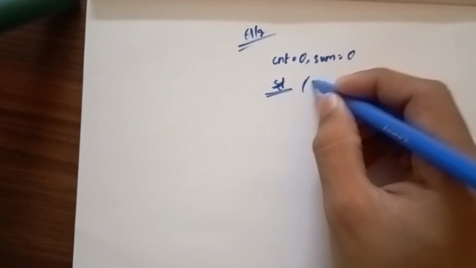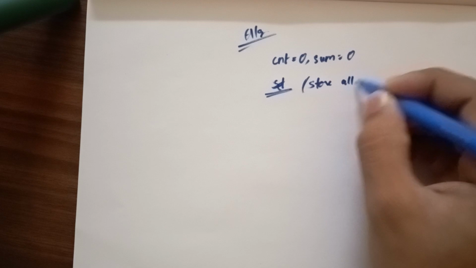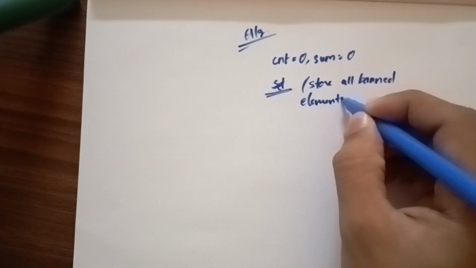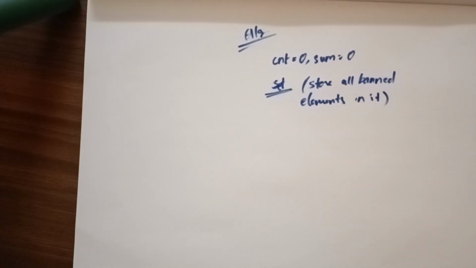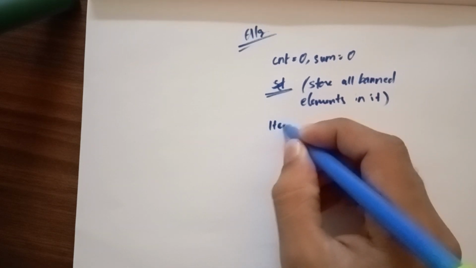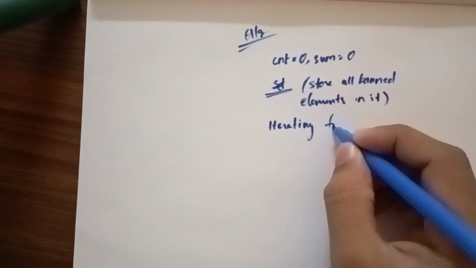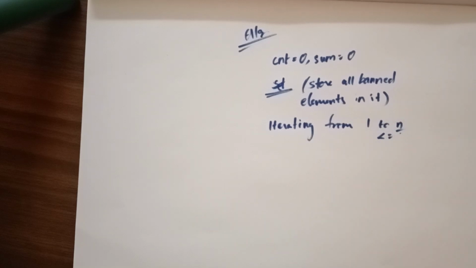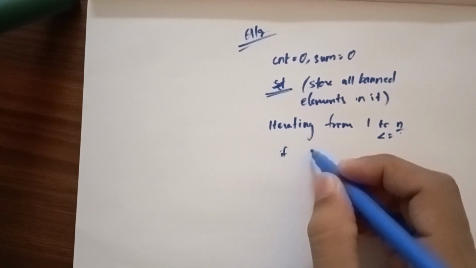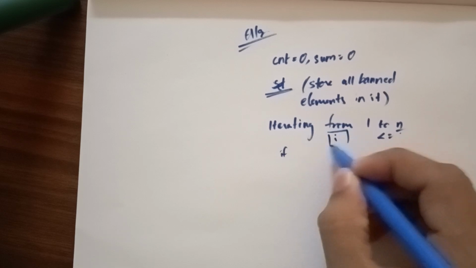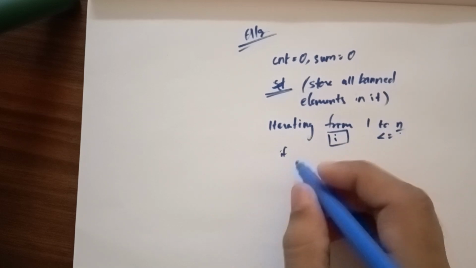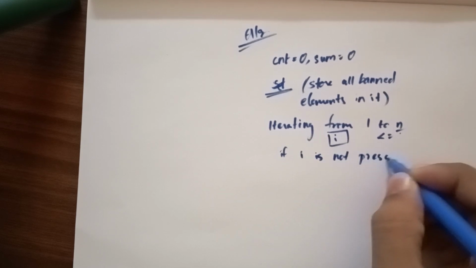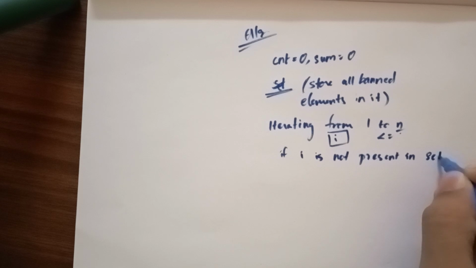Now the use of this set is to store all band elements in it, and then we will be iterating from 1 to n, less than or equal to n. Let us take an index I and iterate from 1 to n.